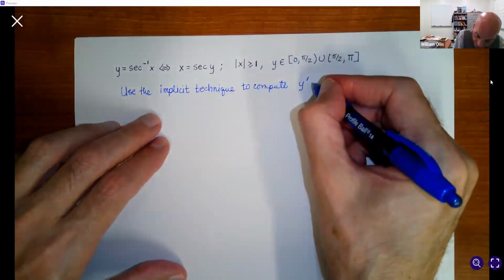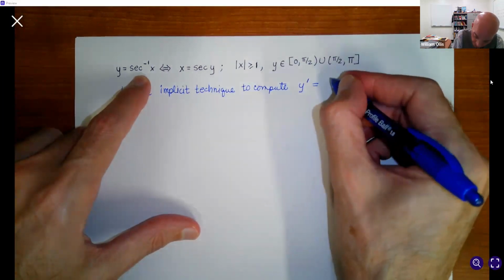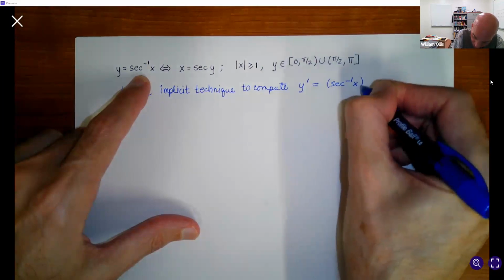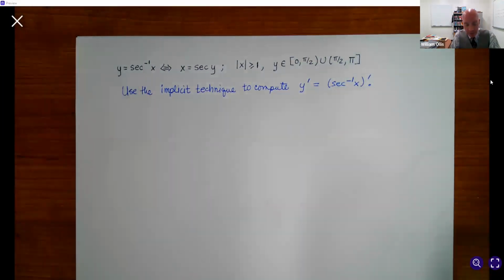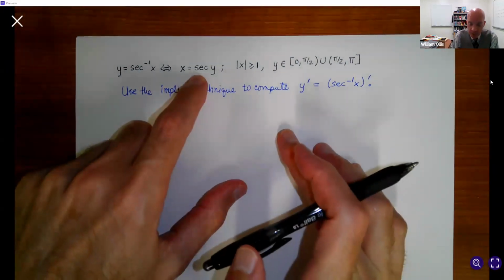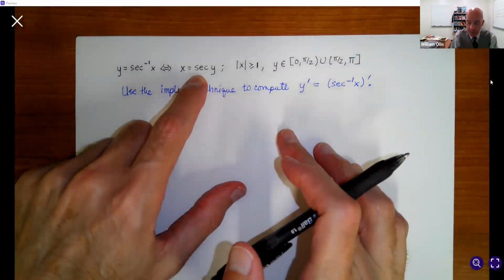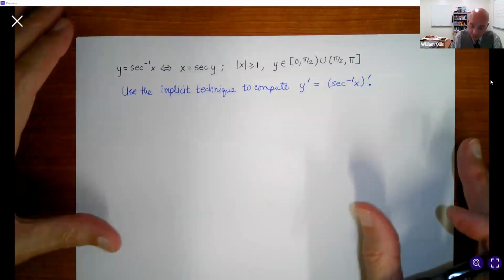But y prime in this case would just be the derivative of the inverse secant function, so inverse secant of x, prime. Because what we have in this particular case is all of the ingredients to differentiate this, because we understand the derivative of secant. That's something we've learned in our previous lectures.